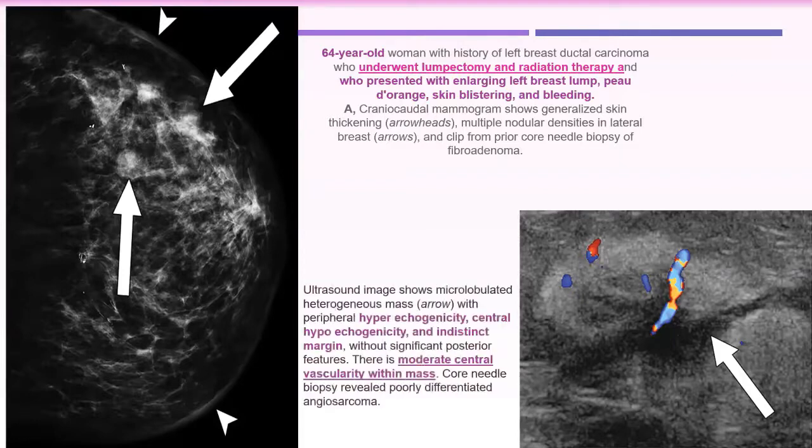It is hyperechogenicity with central hypoechogenicity, indistinct margins, no posterior features, not very clear here, and moderate central vascularity within the mass. So it was a poorly differentiated angiosarcoma. The clue is from the history. I have one case.